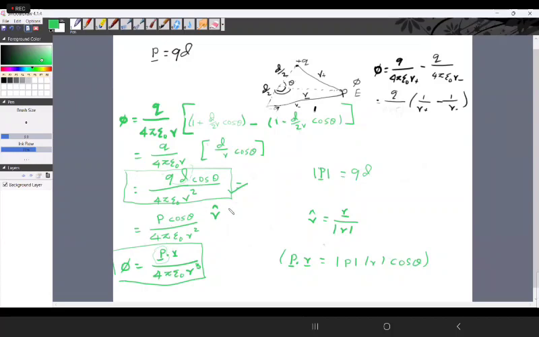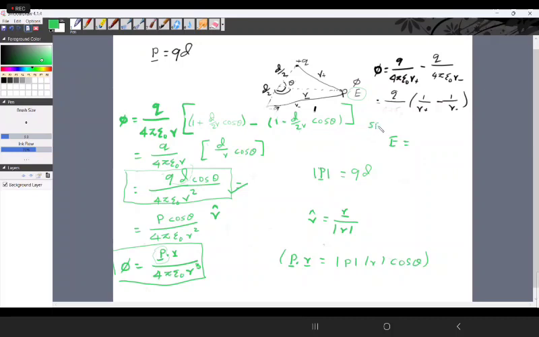Can you find the electric field at the point P? We are considering a dot point, so we can use the spherical polar coordinates.